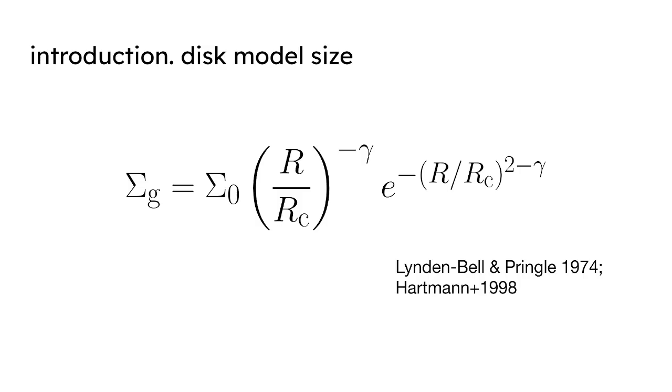In our models, to describe the density distribution, we use this prescription for surface density. This is its dependence on radius, and it has this characteristic called the characteristic radius. This is the main thing that determines the disk size.